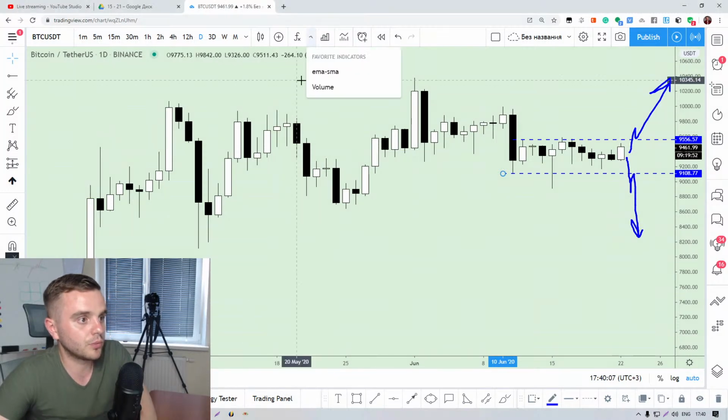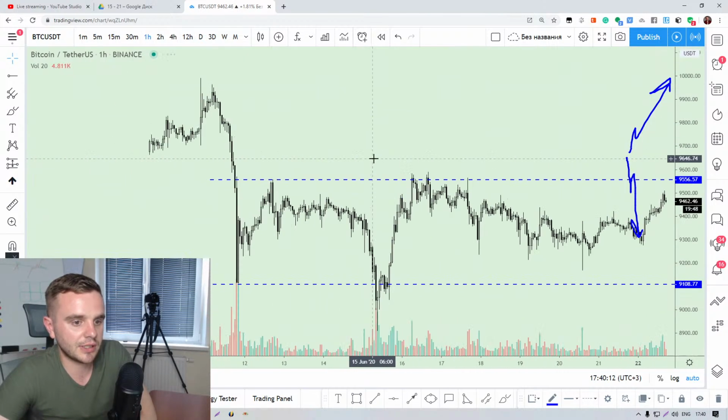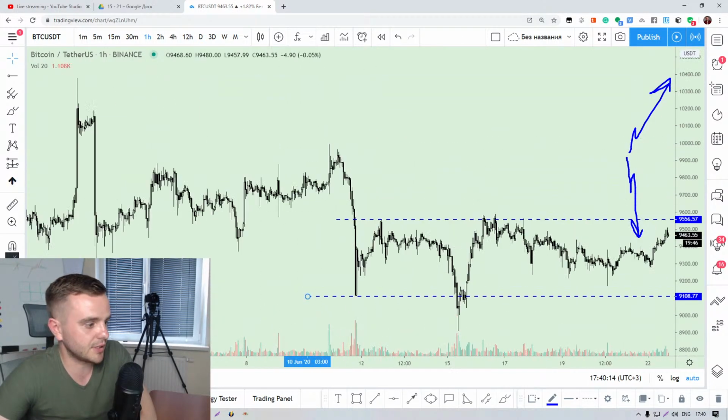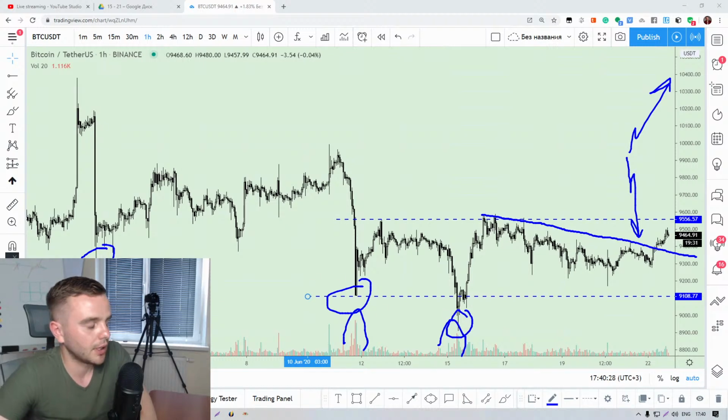Also, what do we have on Bitcoin on lower time frames? As you can see here, when did we see the biggest volume on Bitcoin? Here after a powerful drop, here after a powerful drop, and here after a powerful drop. After every drop, volume increased. Oh, the trend line is broken.